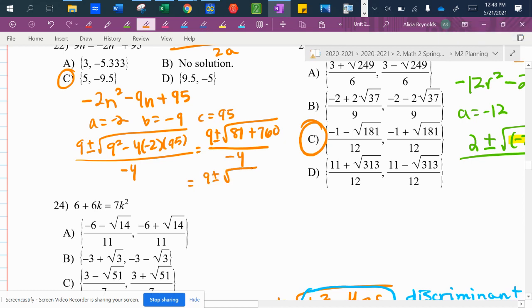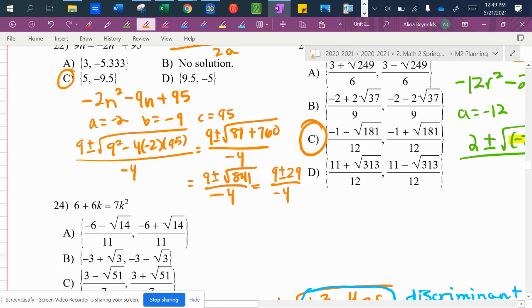Nine plus or minus the square root of 841 over negative 4. The square root of 841 is 29. So if I have 29 plus 9 divided by negative 4, I get negative 9.5. If I do 9 minus 29 divided by negative 4, I get 5.